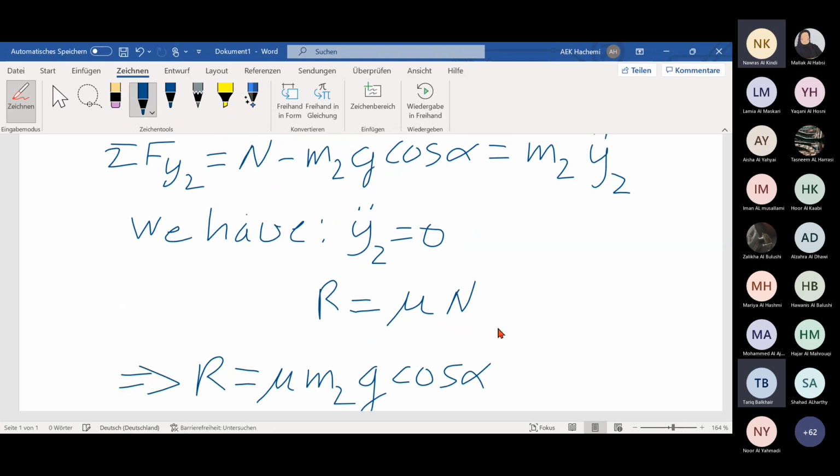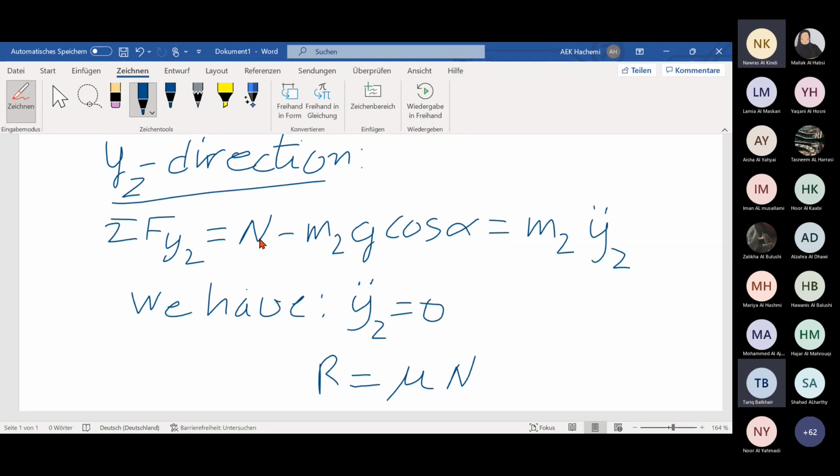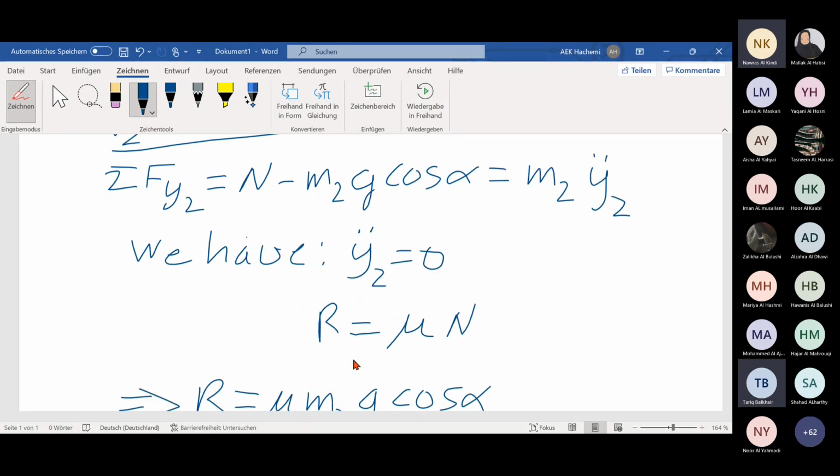Then if we take n, here we have m2g cosine alpha with minus n, and this term is equal to 0. Then n will be only here.